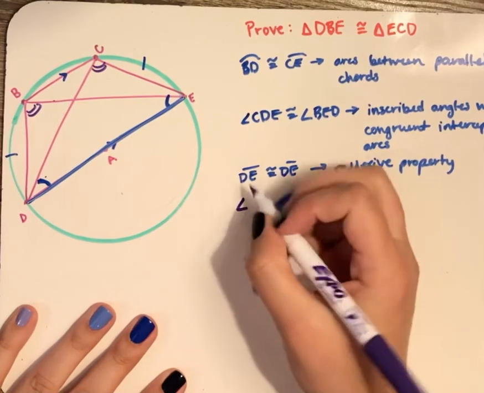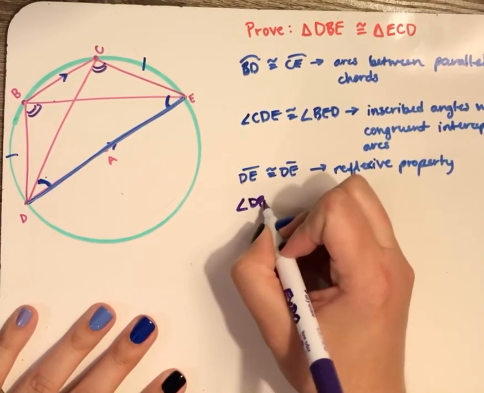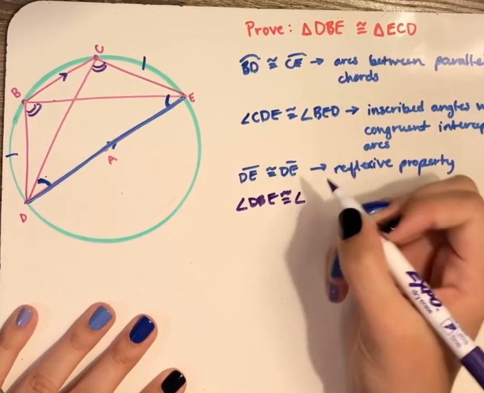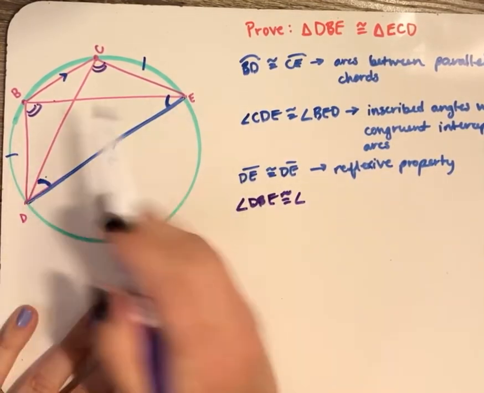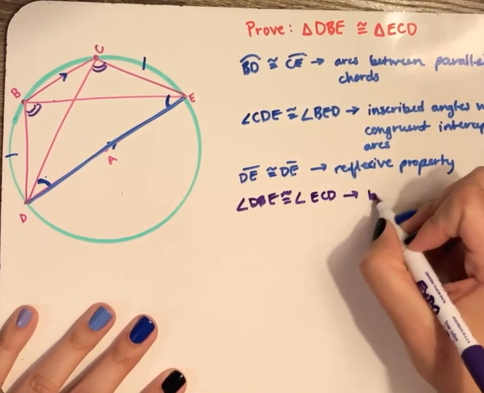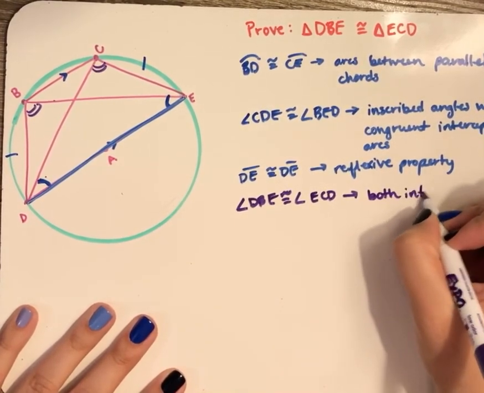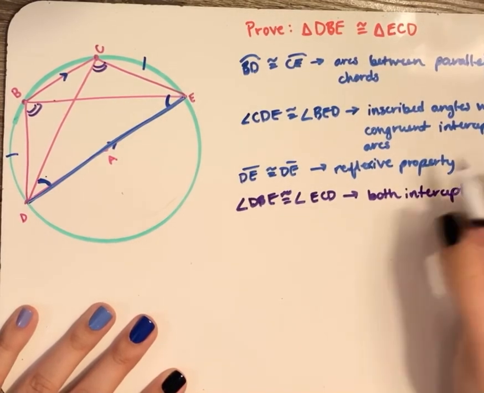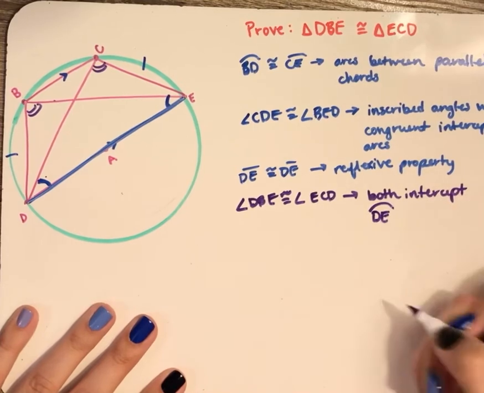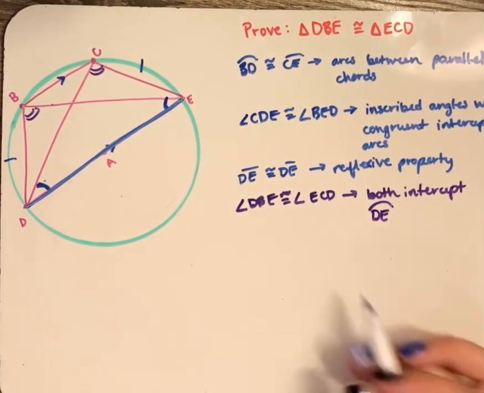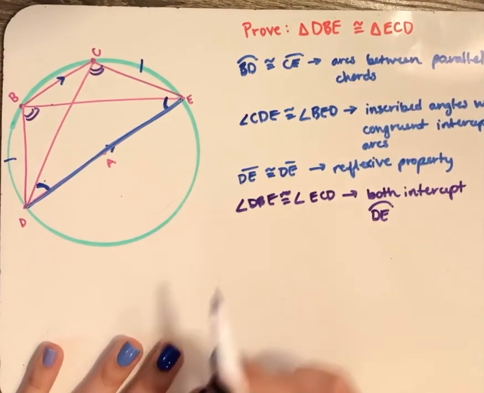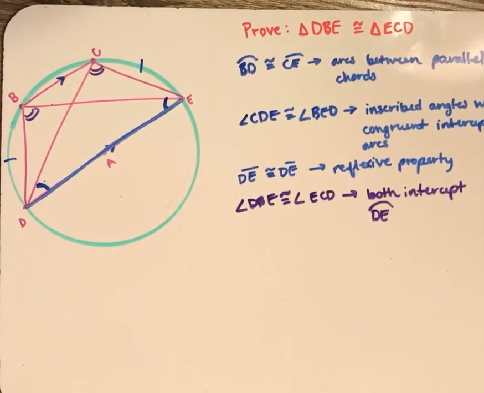So I'm going to say angle DBE is congruent to angle ECD. And I know that because they both intercept arc DE.